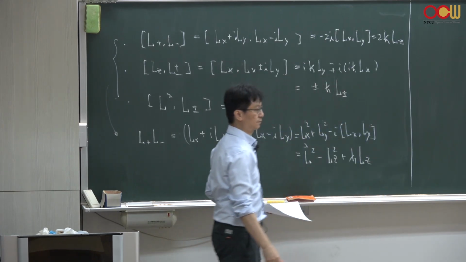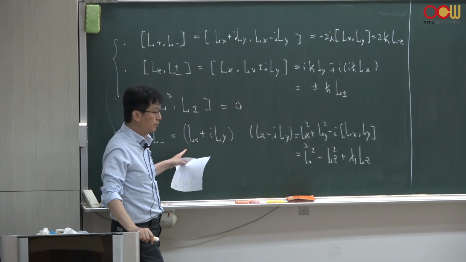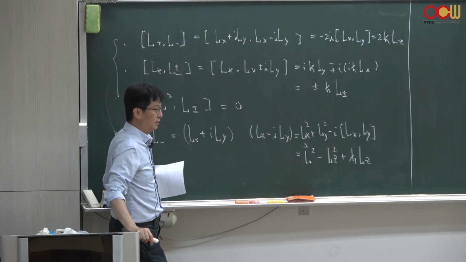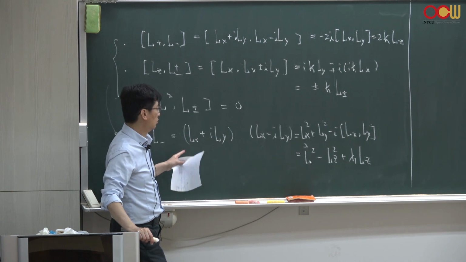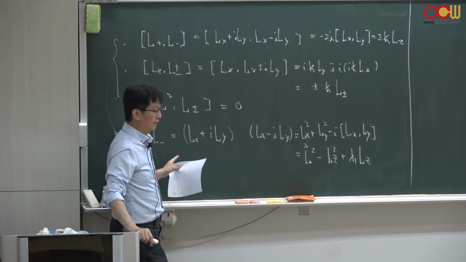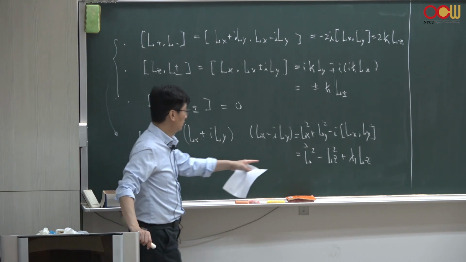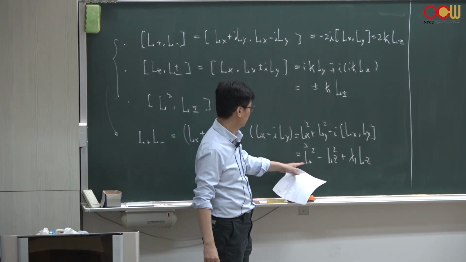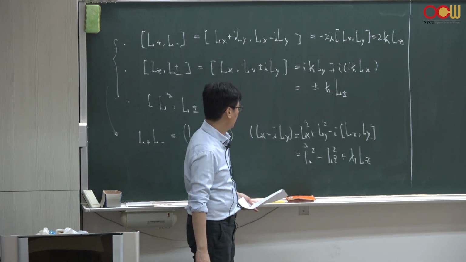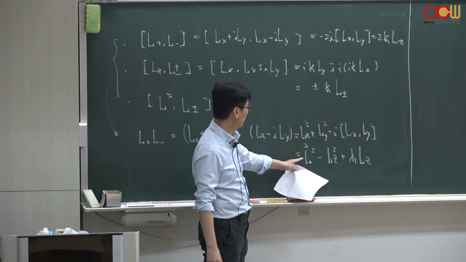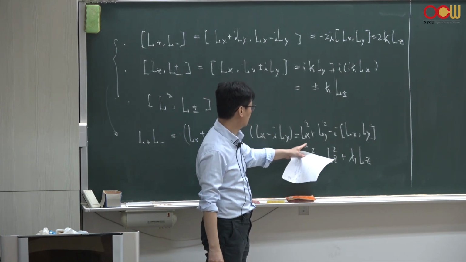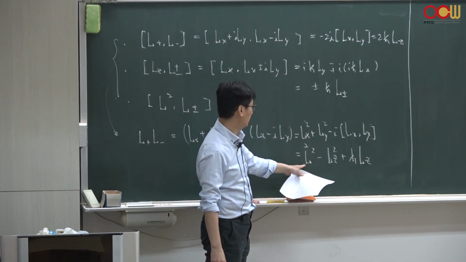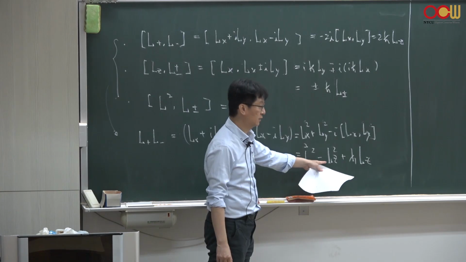Right? So you simply plug in the definitions of L plus and L minus in the product and try to simplify this and link it to the magnitude squared of the angular momentum operator. You'll find that this is L squared minus Lz squared, because Lx squared plus Ly squared is the total L squared minus Lz squared.